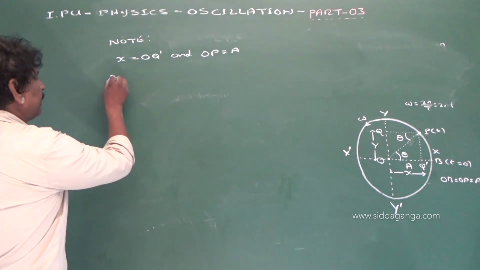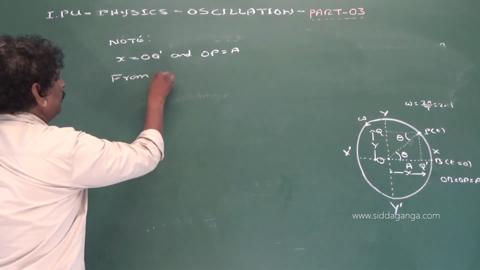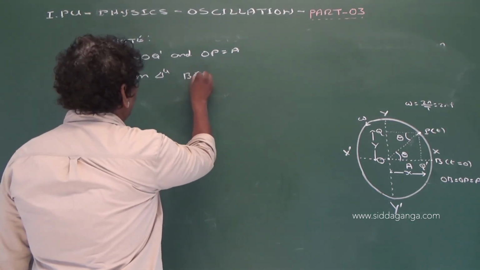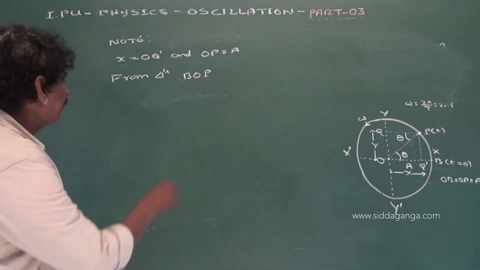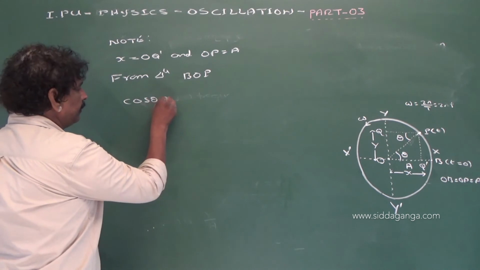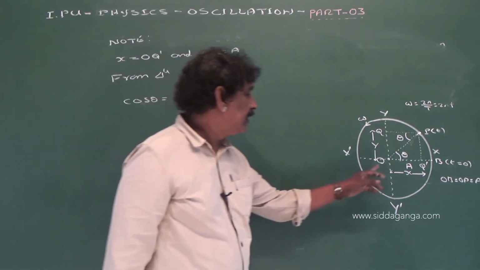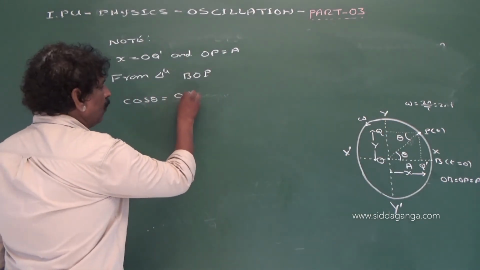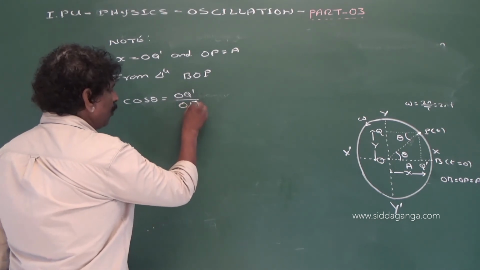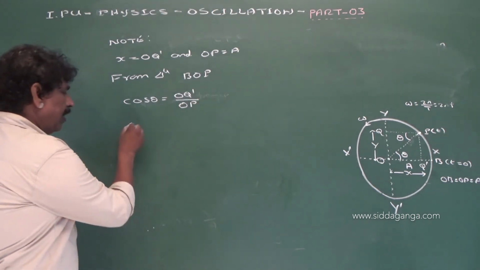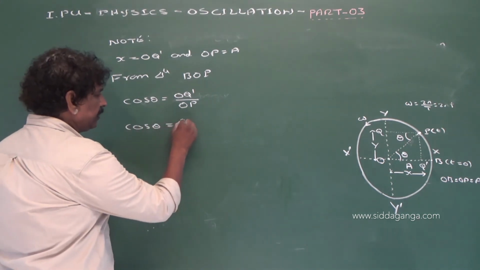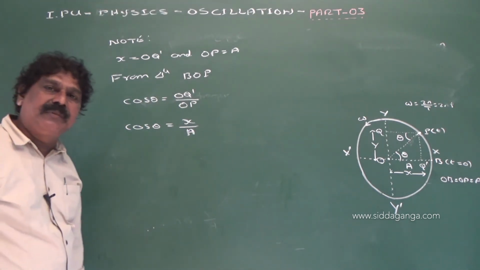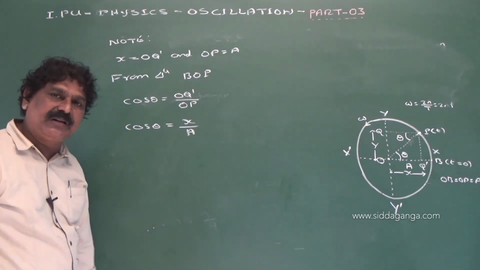Now, from triangle O Q dash P, what is cos theta? We have cos theta is equal to adjacent side by hypotenuse, O Q dash by O P, or cos theta is equal to x by a, where a is the maximum displacement on either side of the mean position.